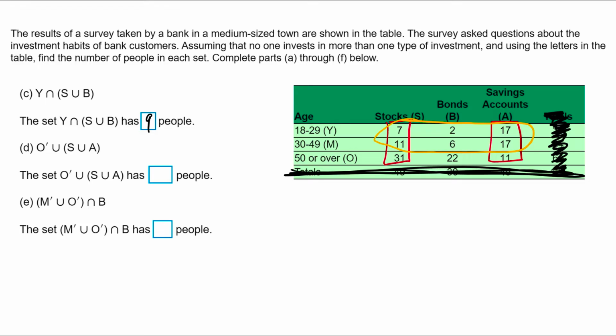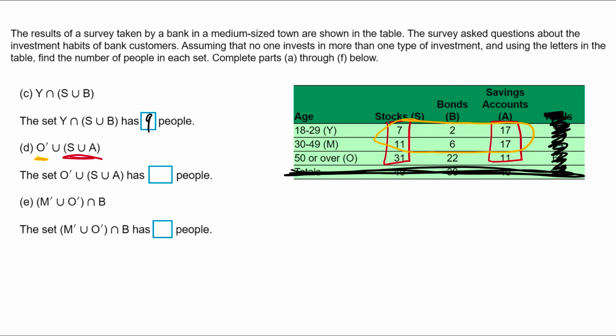Now, we wanted to do the union of those things. That's the union of the things I circled in orange and the things I put a box around in red. Union means we put all of those things together, so we're not looking for the things that are in common. A common misconception here is that we should add 7, 2, 17, 11, 6, and 17 together, which is part of it.